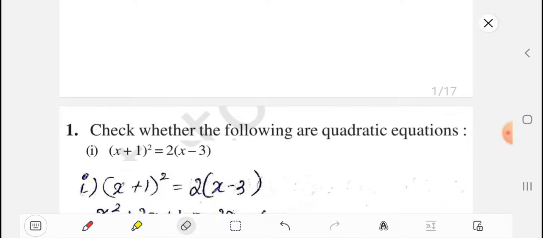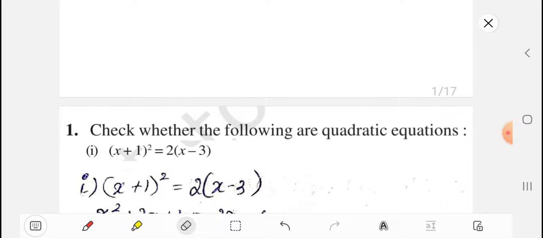The question here states: (x plus 1) whole square is equal to 2 into (x minus 3). As I have told, read the question twice. Write down the question with open eyes, or else you might copy a wrong number.